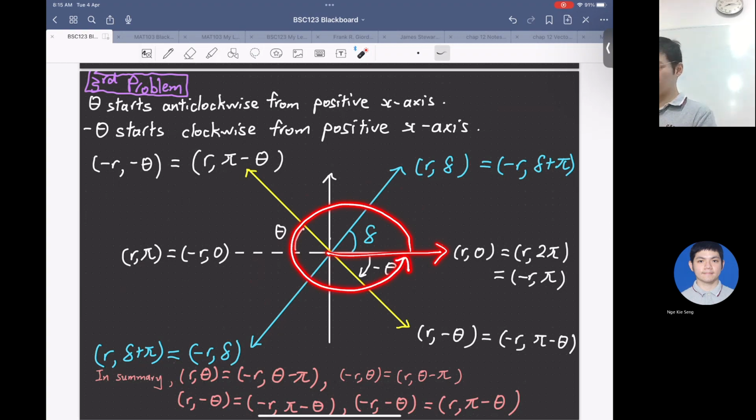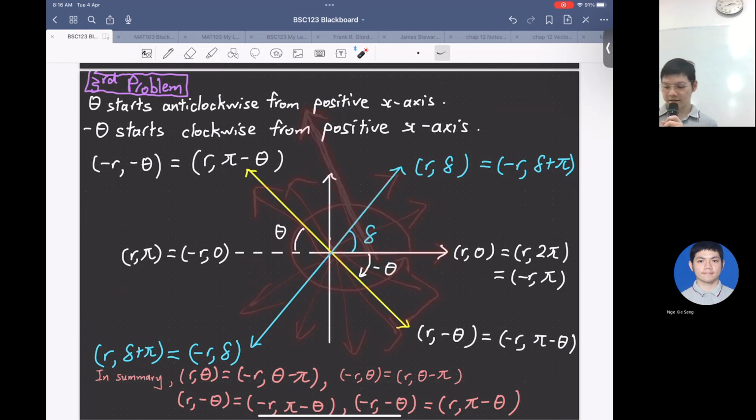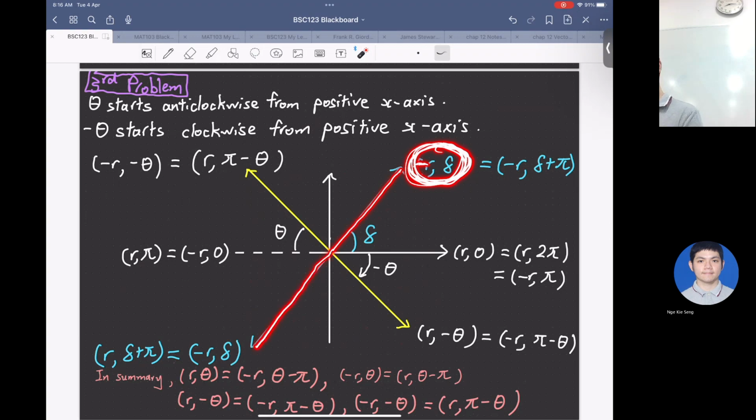And because radius is always positive for now, you are going forward everywhere, so this is (r, theta). But if you fix an r and an angle and take a negative, we define it to be the opposite of this line here.